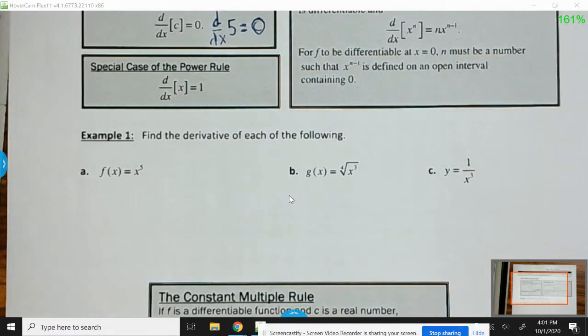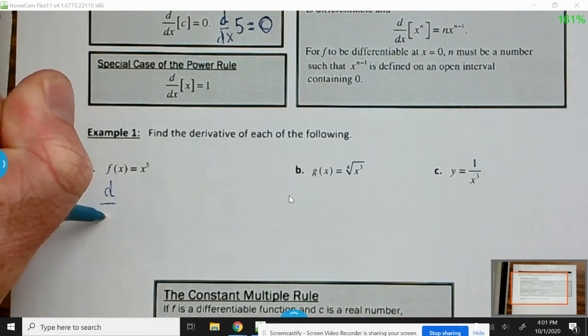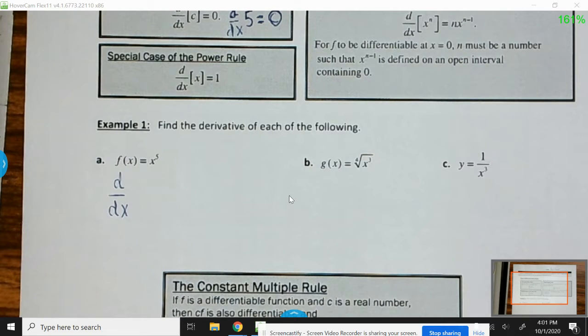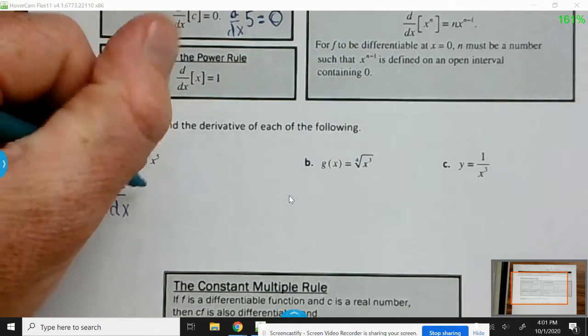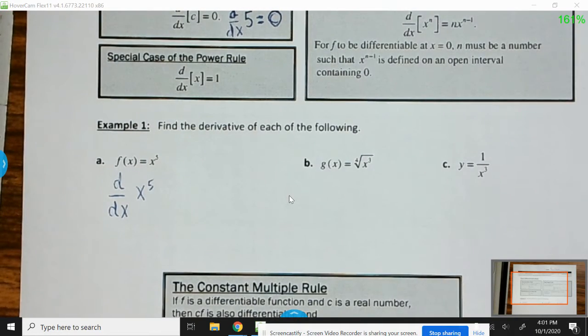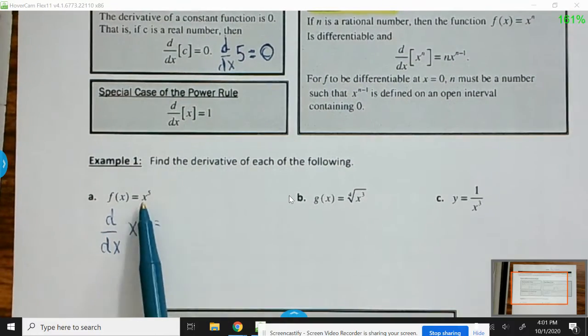So here's what this means. The derivative with respect to x, right? This sort of new notation of x to the 5th, right, is, well, we're going to apply that power rule.